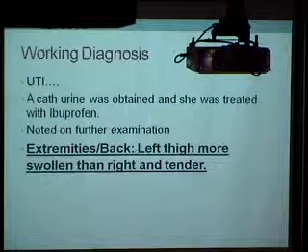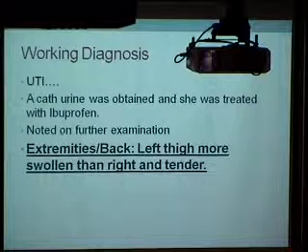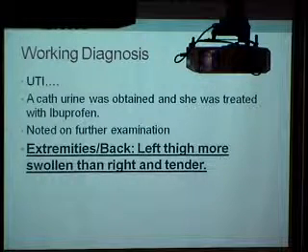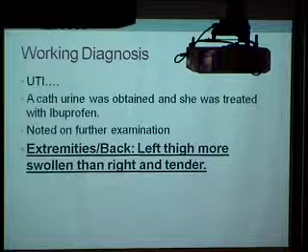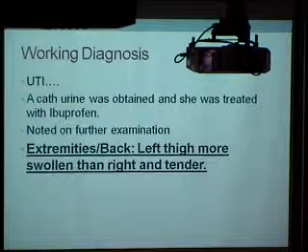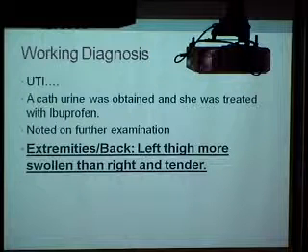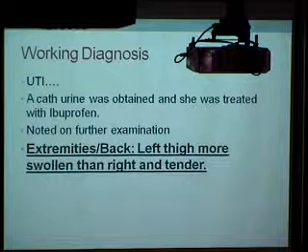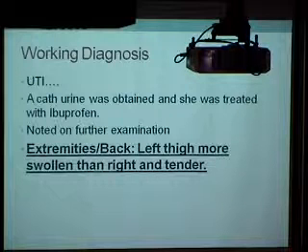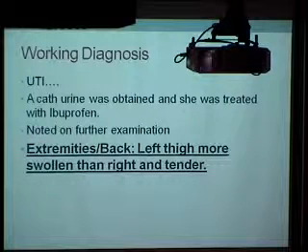So the working diagnosis is that she has a urinary tract infection. So they go to obtain a cath urine, and she's treated with ibuprofen. I don't know this for sure, but I would imagine when they were obtaining the cath urine, somebody noticed that the left thigh looked more swollen than the right.